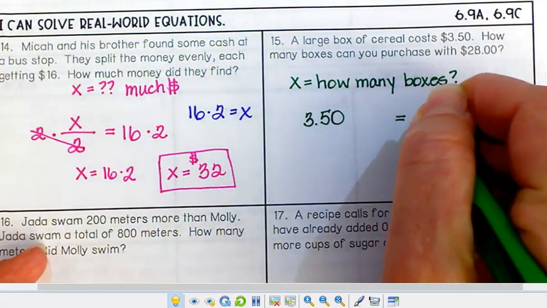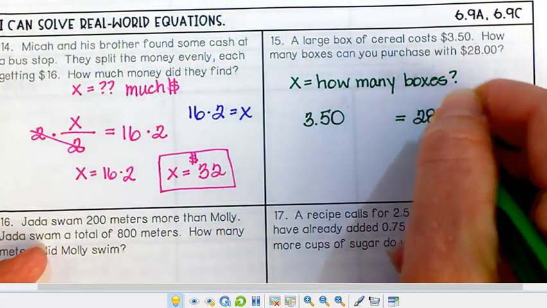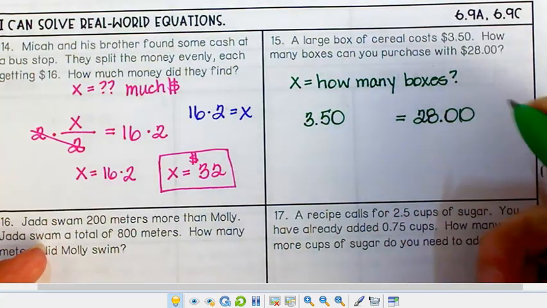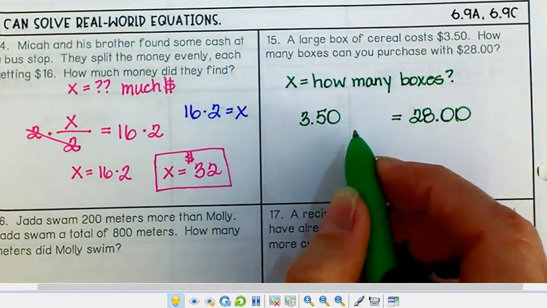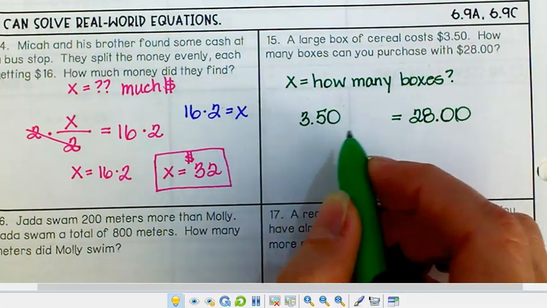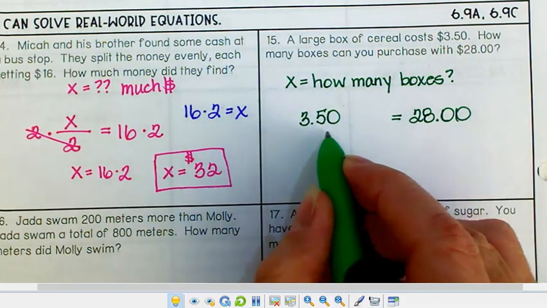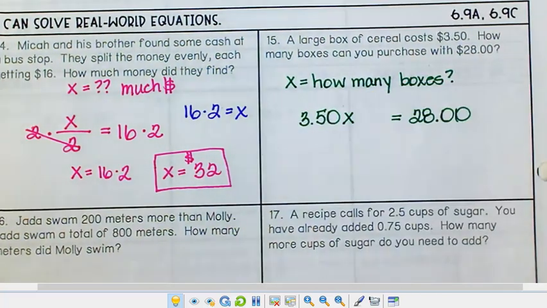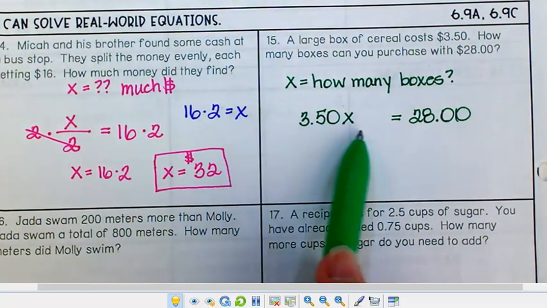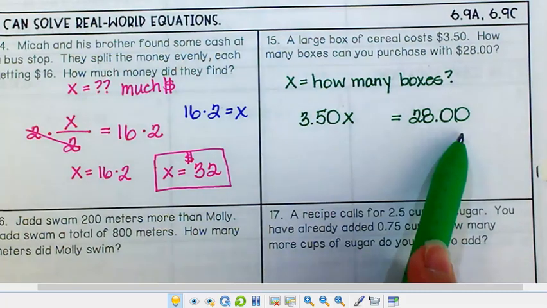We also know that the total amount I can spend is $28. So I'm thinking, all right, well, I'm not going to say $3.50 plus X. That doesn't make sense. Or $3.50 minus X. That doesn't make sense either. I'm going to take $3.50 and multiply it by the number of boxes I have. Okay? So $3.50 times the number of boxes equals 28.